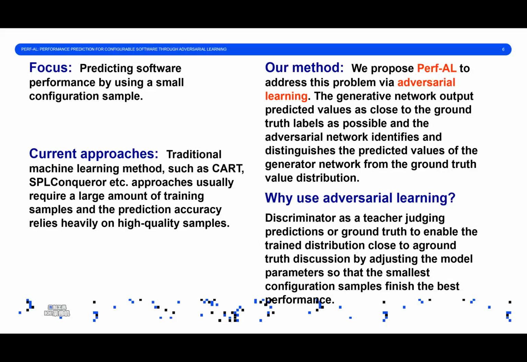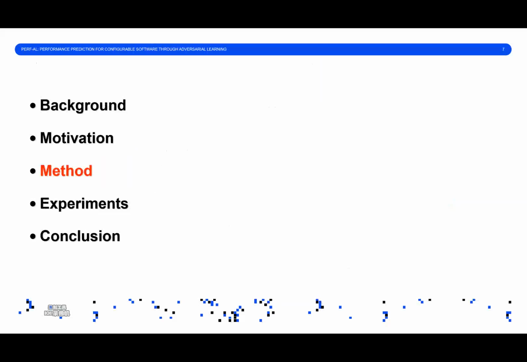Maybe the question is why we use adversarial learning? The reason is that the discriminator acts as a teacher, judging predictions against the ground truth to make the distribution close to the ground truth. So that the smallest configuration samples achieve the best performance.